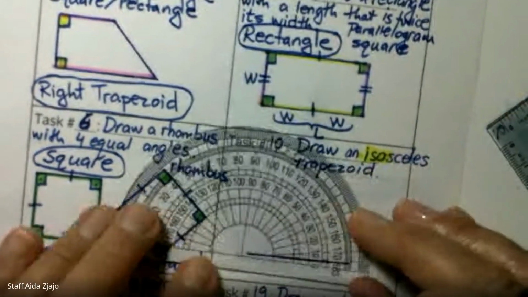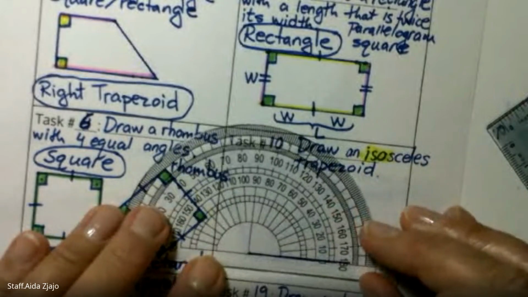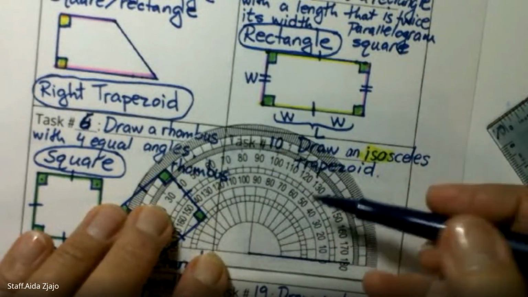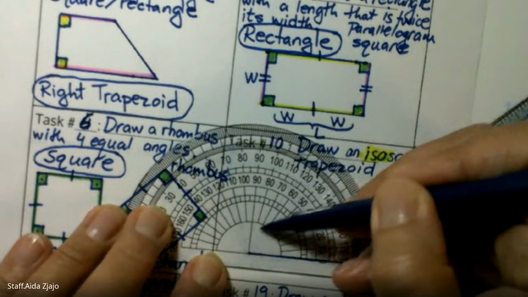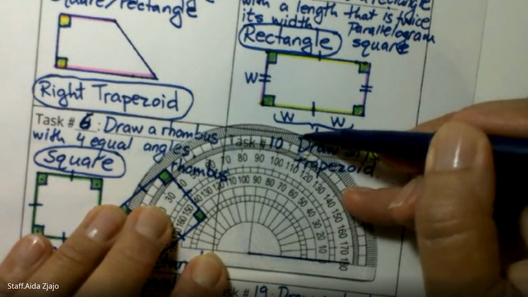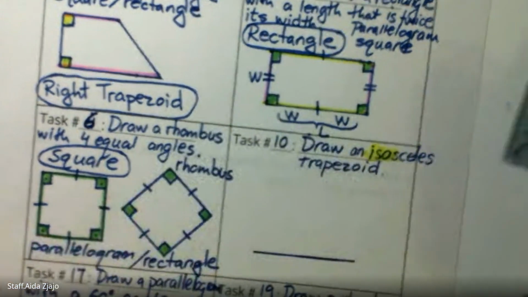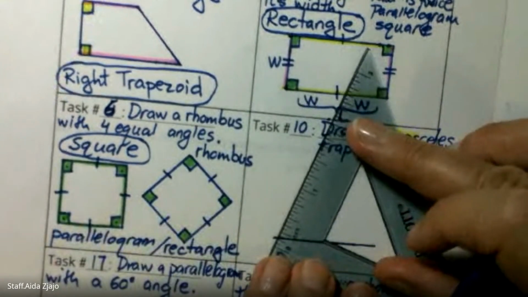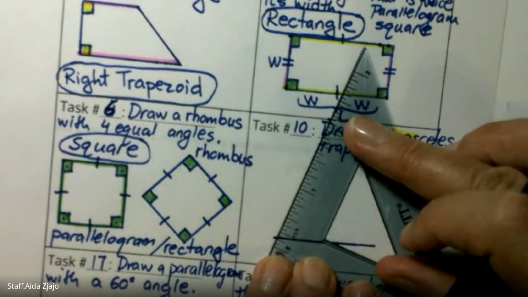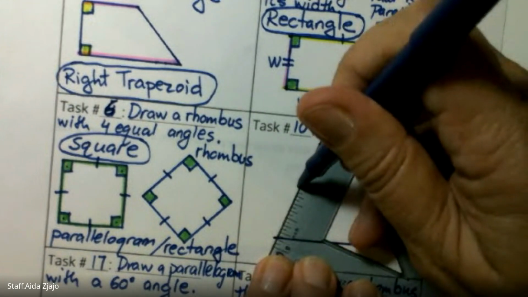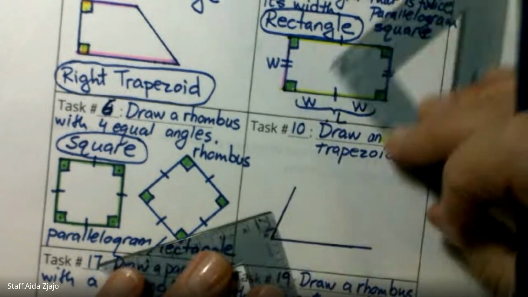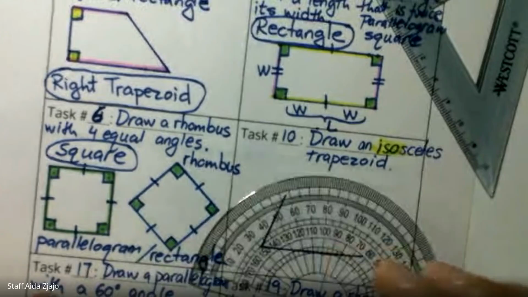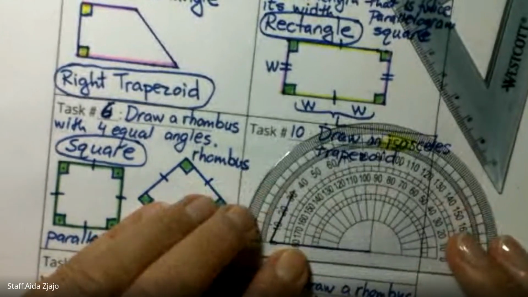I am going to use my protractor and make a 70 degree angle. From here I'm going to have 70 degrees, and then also 70 degrees from the other side.